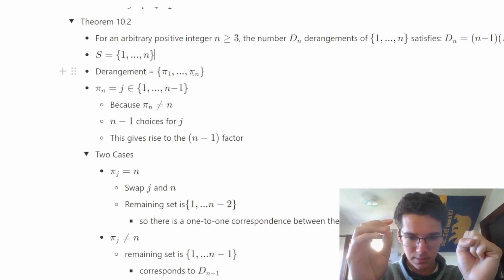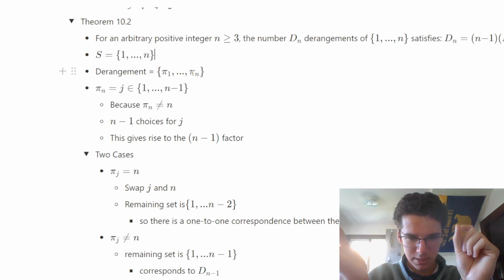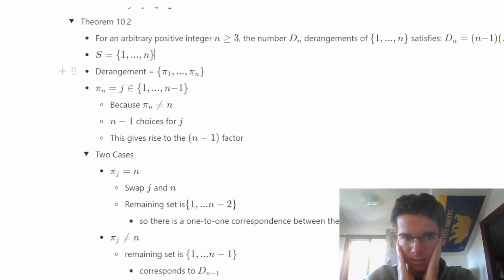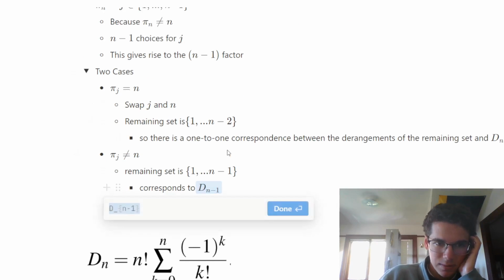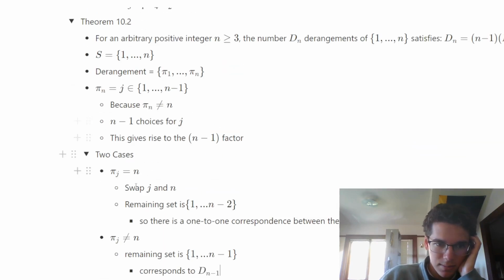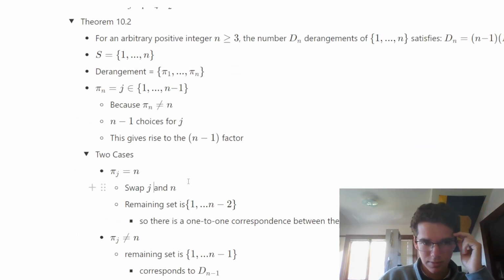So if it's not n, then there's n minus 1 remaining elements in the original set that we make a derangement with. Yeah, I'm stuck on the swapping issue. Why do we swap when j is equal to n?